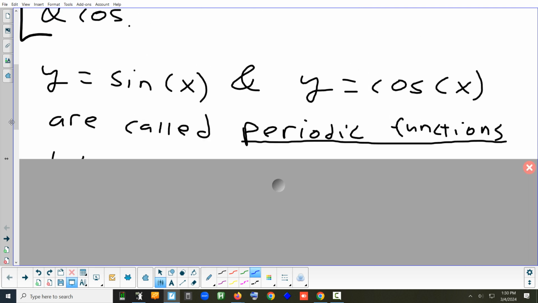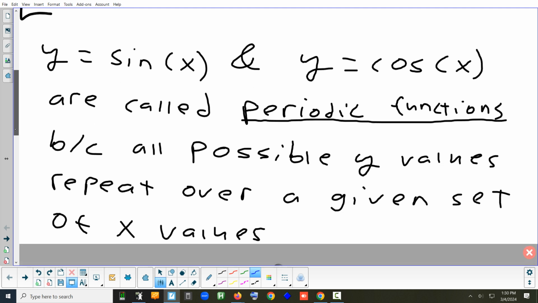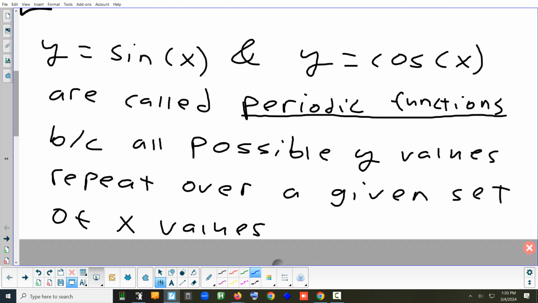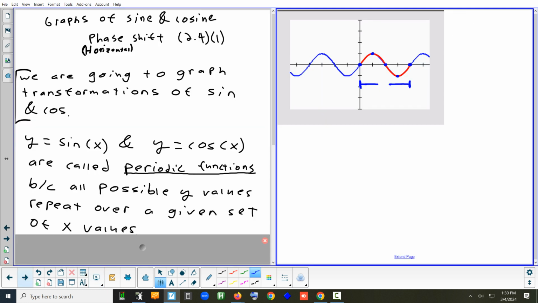When I say that the y values repeat over a given set of x values, what I'm talking about is the 0, 1, 0, negative 1, 0, and all the ones in between. I'm just naming some important ones. But those y values keep repeating over that set of x values from here to here. That's the width I'm talking about.